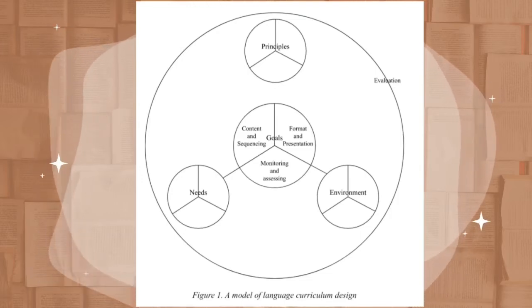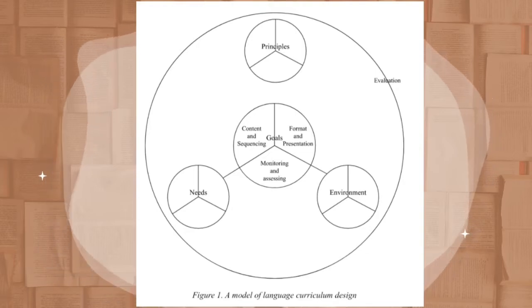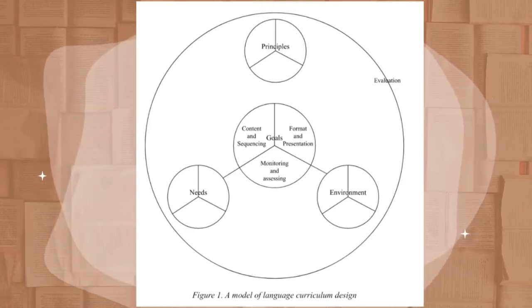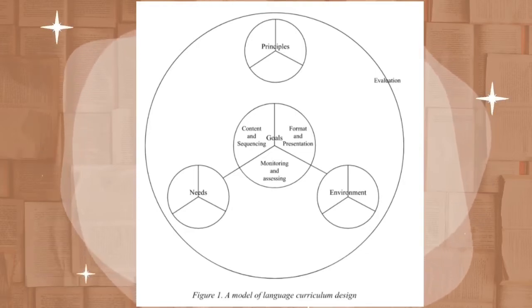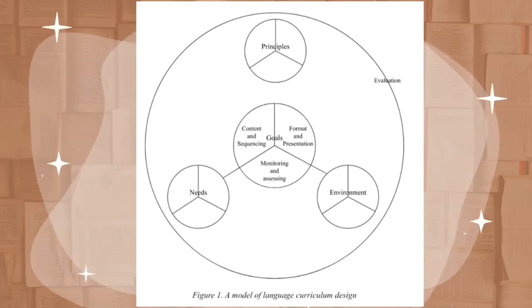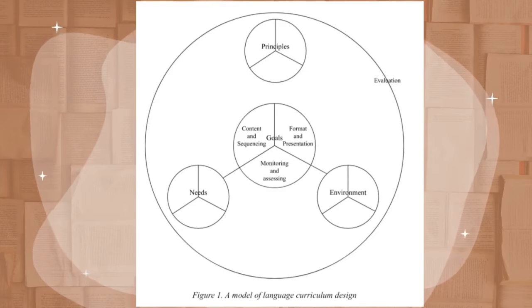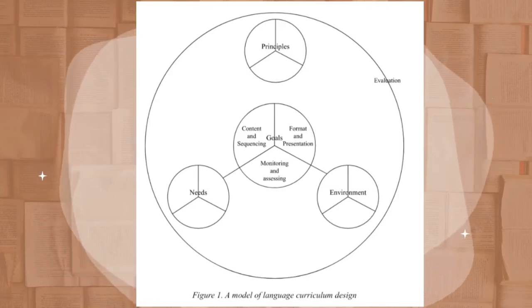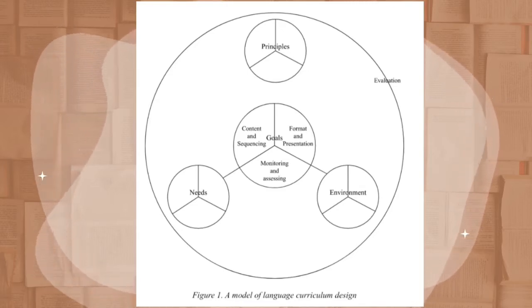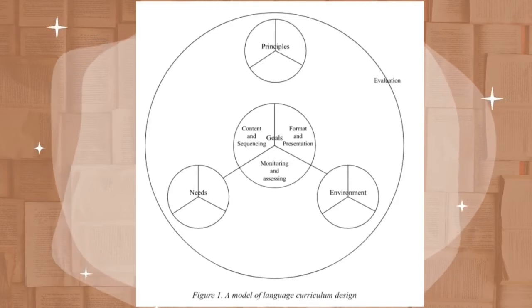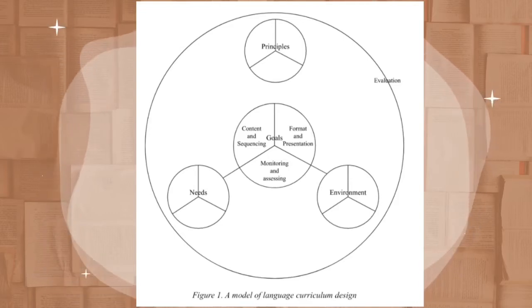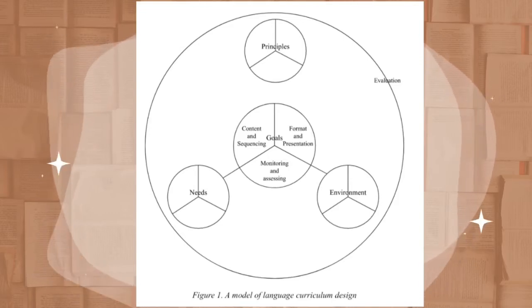Environment captures information about learners, teachers, and the teaching and learning situation. For example, the information of whether learners share the first language, whether teachers are native speakers of the target language, and how much time is available for teaching the target language in the classroom.